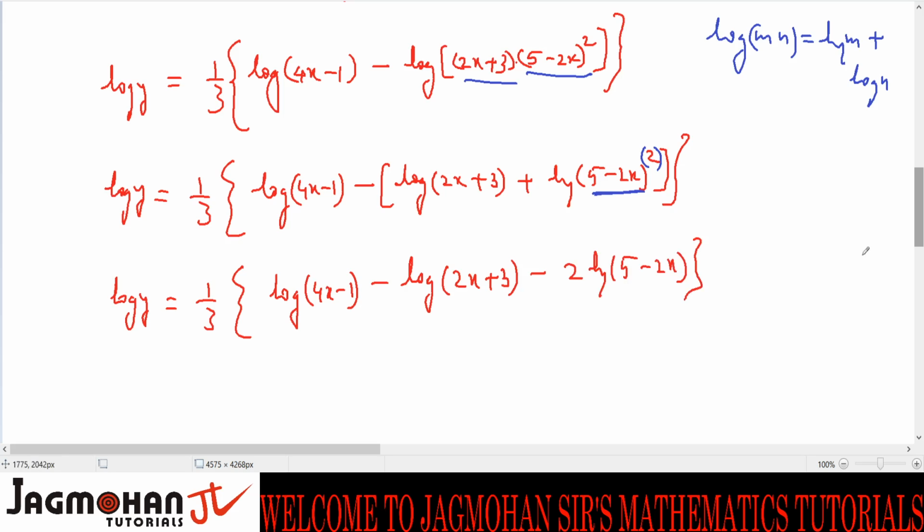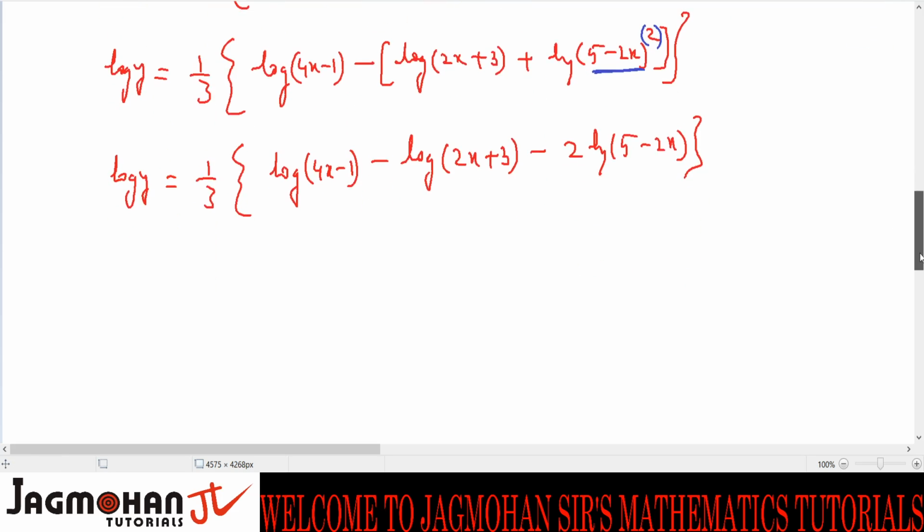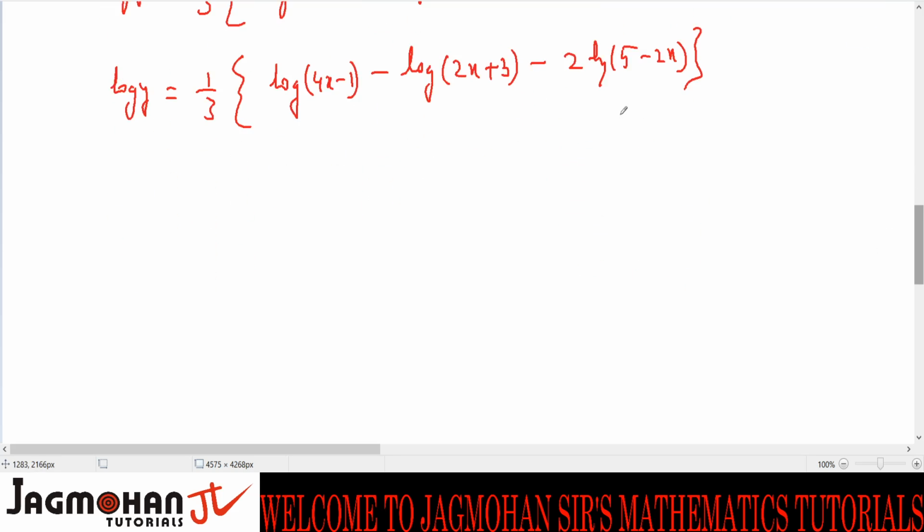And now this is the time I differentiate, and you will all agree that differentiating this is much simpler than what we were given. So here I write, differentiating with respect to x on both sides. I'll be writing this faster, students.